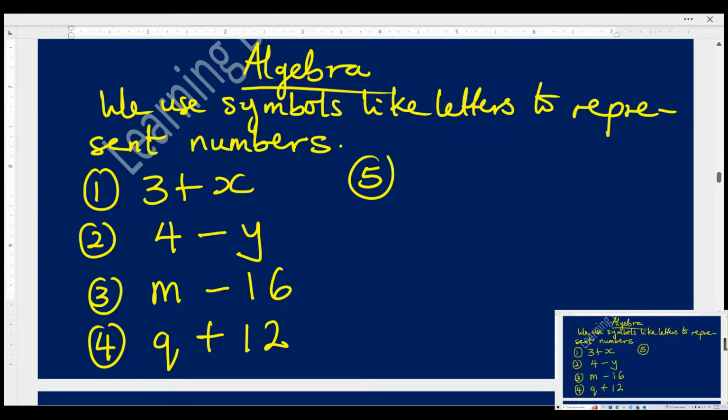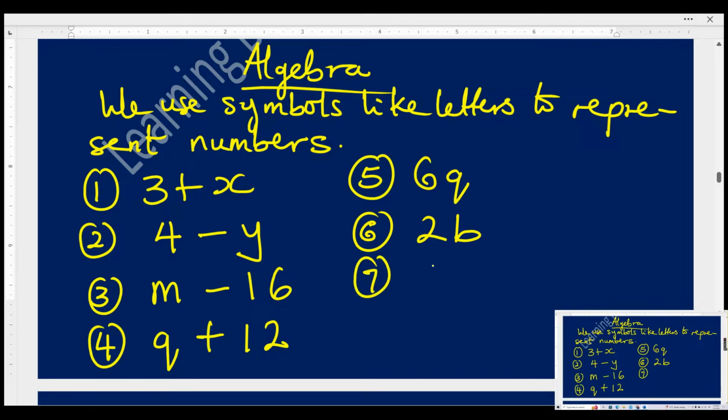You can also have 6q, which means 6 times q. You can have 2b, that's 2 times b. You can also have 1 over n, which is an algebraic term. Another one is 4 over p. So these are algebraic expressions, and they are also called algebraic terms.